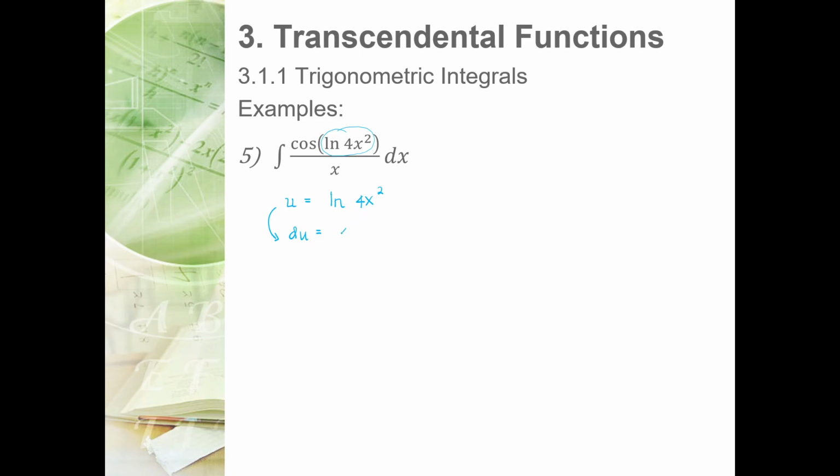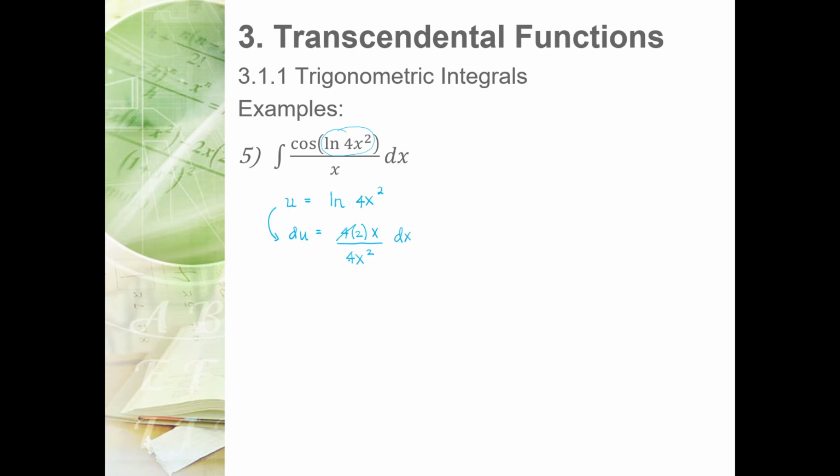So this becomes 4 times 2 times x, right? And then all over u, which is 4x squared. So again, you may just write dx right away on the right side, so you don't keep cross multiplying. What I showed earlier was just for the sake of the step-by-step process.